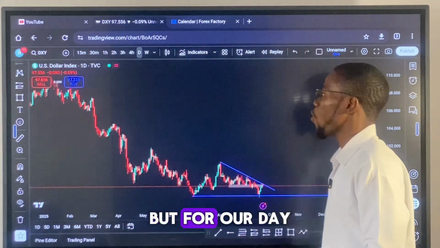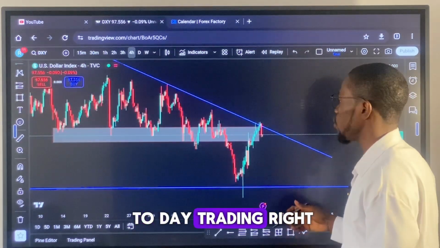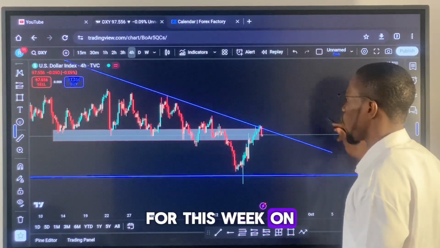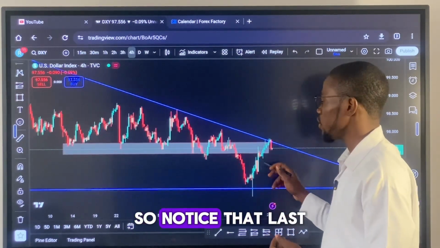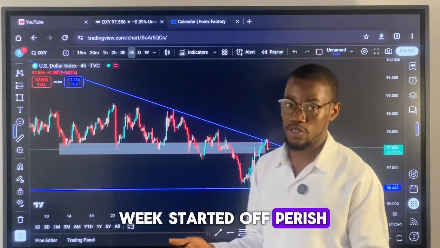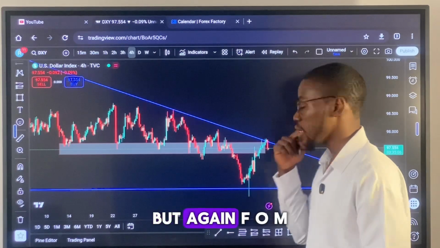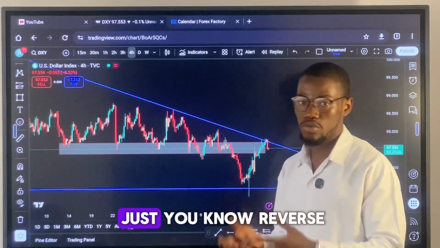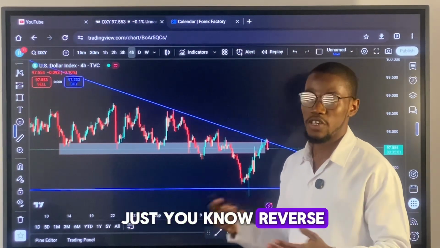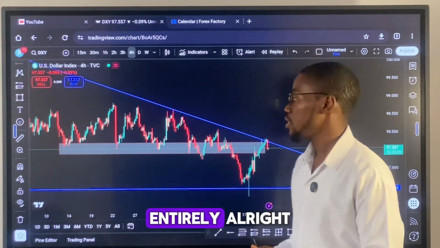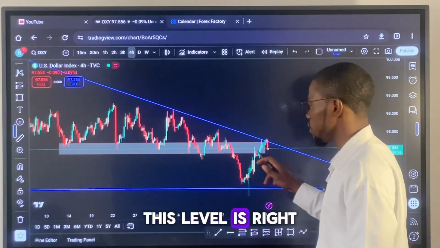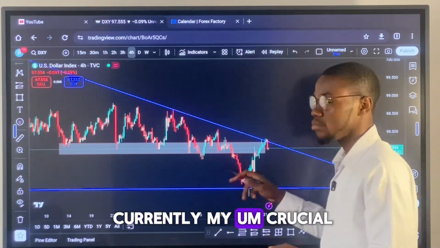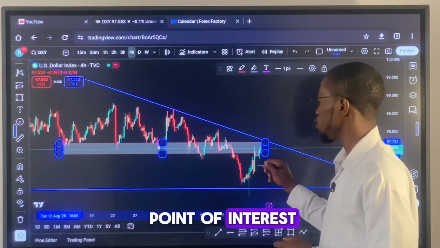So from the daily time frame, this is what we're seeing on the broader perspective. But for our day-to-day trading this week on the 4 hours, this is what I'm looking at personally. Notice that last week started off bearish for the dollar, but then FOMC came up and reversed the direction of the market entirely. I'm personally looking at this level; it is currently my crucial point of interest.